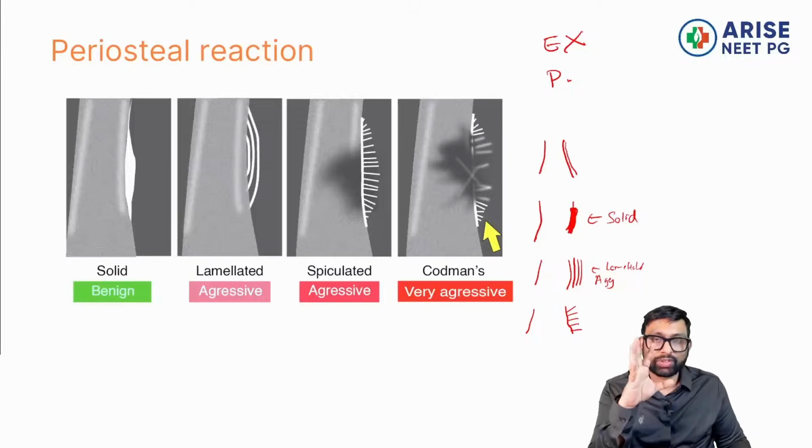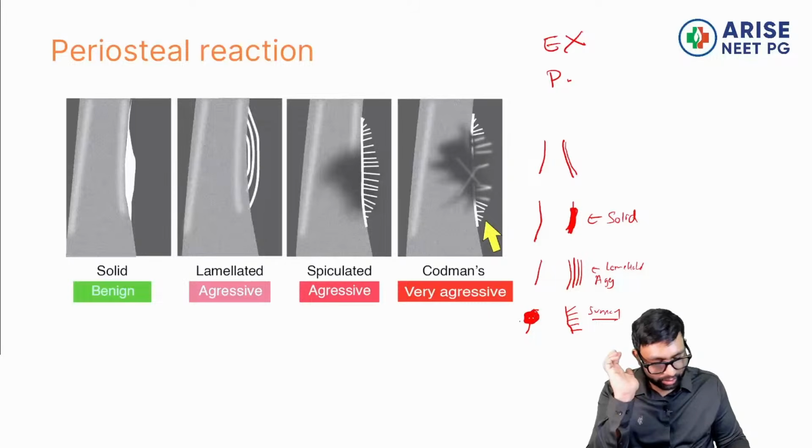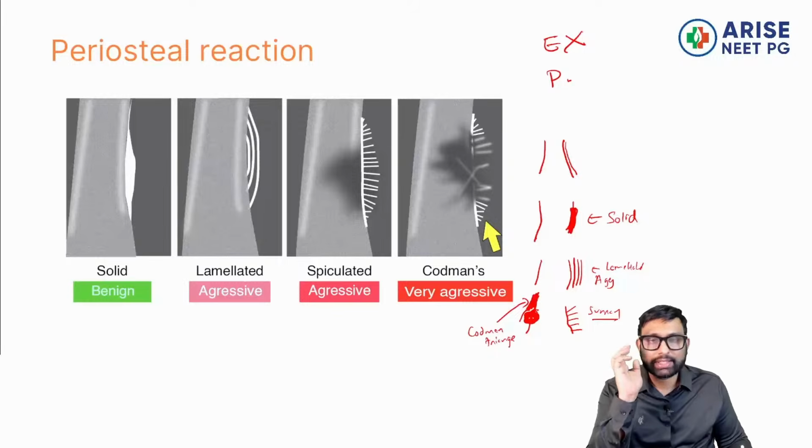The spicules of the periosteum will stretch like that, and you will see this sun ray appearance or spiculated appearance, which is seen in very aggressive tumors. And sometimes as the tumor keeps growing like this, the periosteum will get stretched here, and new bone will start to form here. So this will form a triangle like this. So this is called a Codman's triangle, seen in very aggressive tumors.